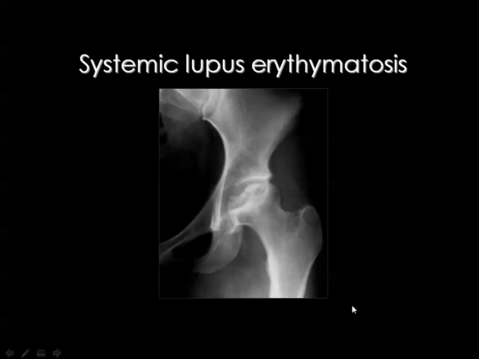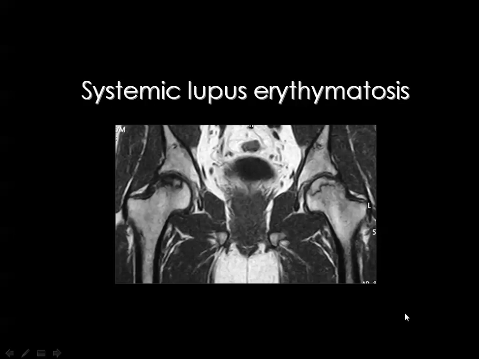This is an X-ray of the left hip showing typical appearance of avascular necrosis of the femoral head with collapse, flattening, sclerosis, fissures, all the manifestations of avascular necrosis. And you remember in the lecture of the hip joints, I mentioned that the pathognomonic sign of avascular necrosis in the femoral head is the presence of this black line separating the dead bone from the normal bone.